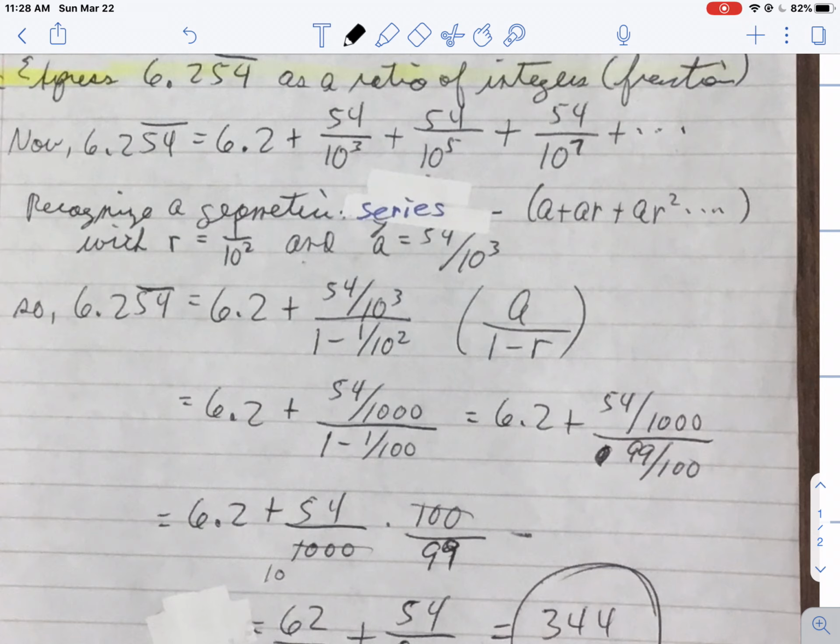If I represent that decimal as a sum, 6.2 plus the repeating part, that's 54, last place value is 1,000, which is 10 cubed, so 54 over 10 cubed. If I put another 54 on that, the last place value would be hundred-thousandths, or 10 to the fifth.